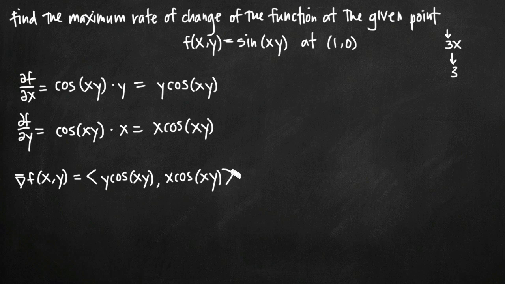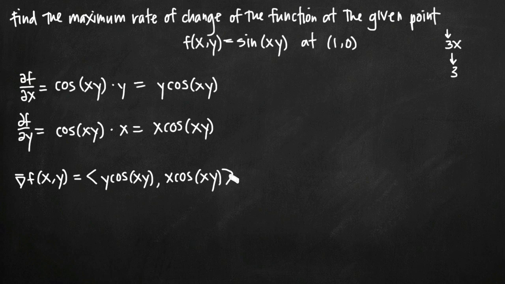Essentially, we just called our gradient vector the partial derivative of f with respect to x, and then the partial derivative of f with respect to y. This equation for the gradient vector will allow us to find the gradient vector at any point for this function, sine of xy. So this is a general expression for the gradient vector no matter where we want to find it.